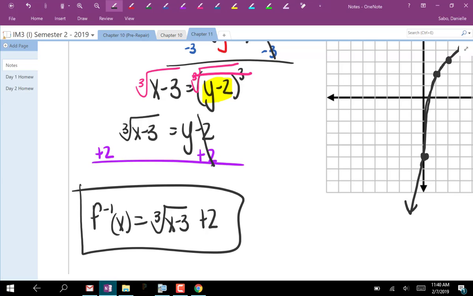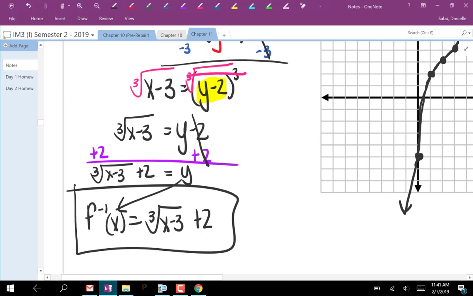So if it helps you, write out y equals cube root x minus 3 plus 2. And all I did then was change the notation. Again, I would accept this answer right here. I'd be very happy. However, like I always encourage you guys, do it as far as you can, which is all you have to do is change the notation from y to the inverse.